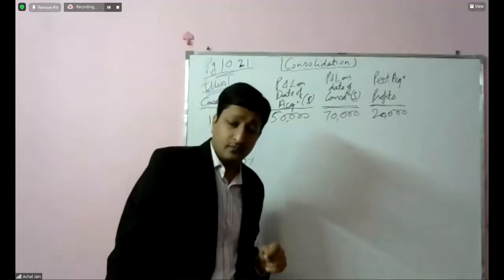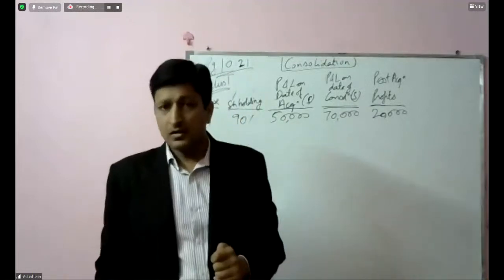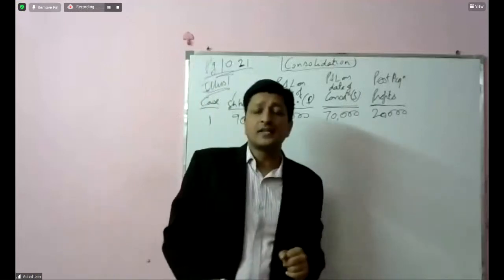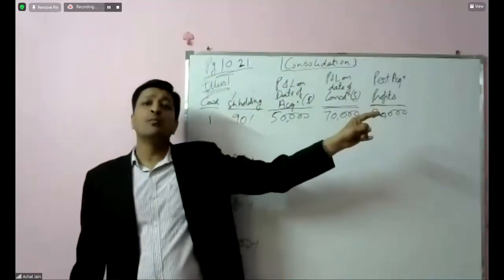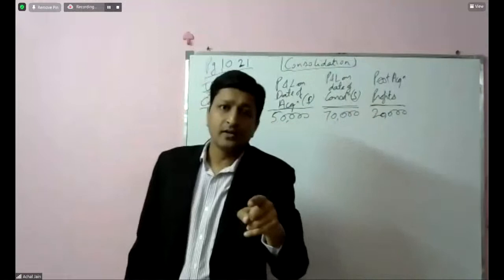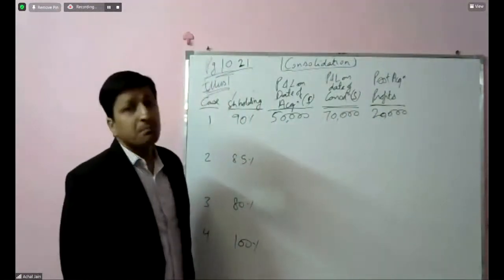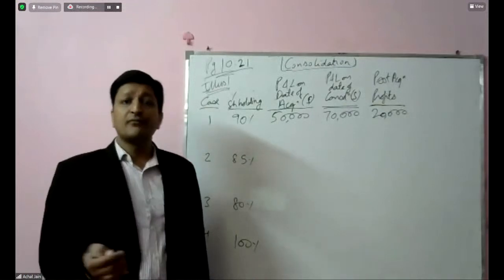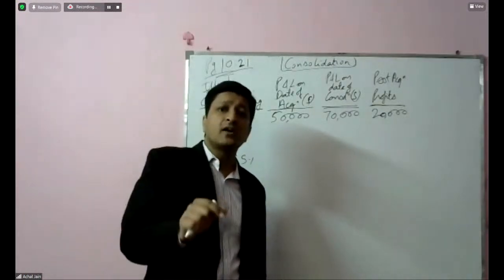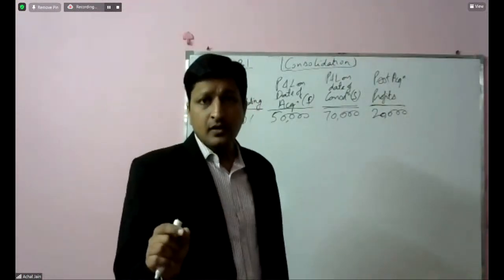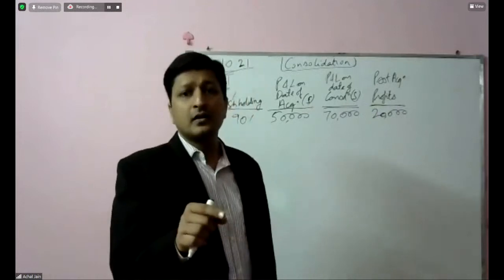Okay. Now please remember that out of this 20,000, 10% belongs to whom? Line audit. And 80% belongs to whom? Majority. So if we have to compute the share of profit of the holding, so what do we do?